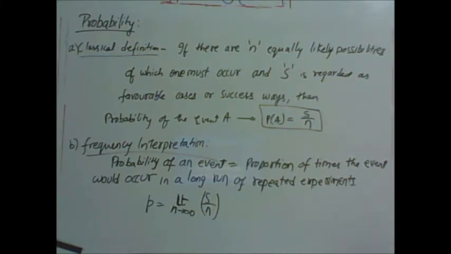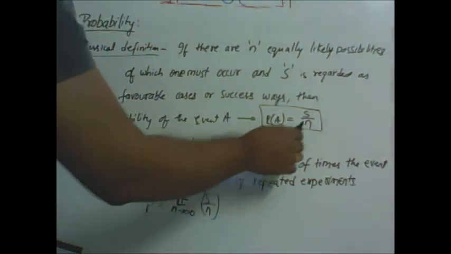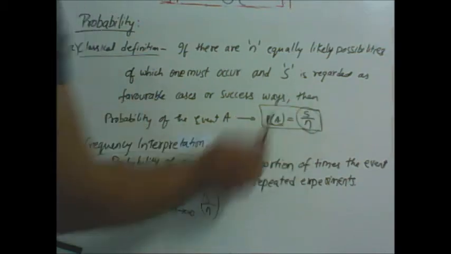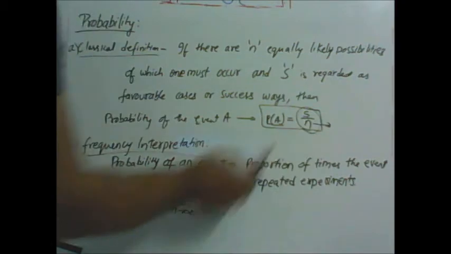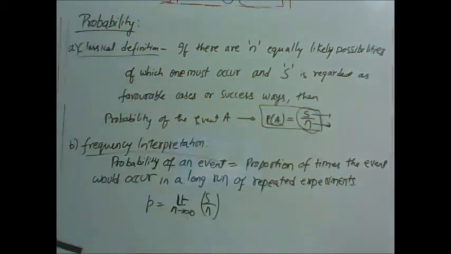If there are n equally likely possibilities, of which one must occur, and an event A has favorable cases or success ways, then the probability of event A is given by P(A) = S divided by N. N is the number of objects or entities in the sample space, and S is the success ways.